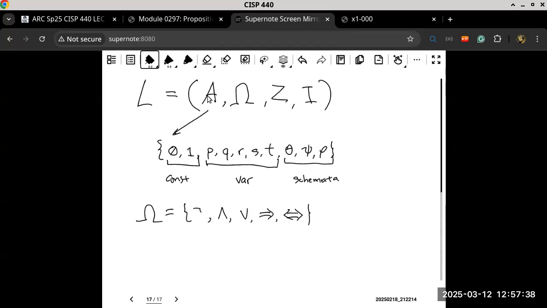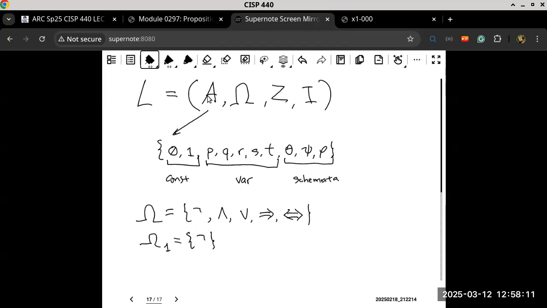They're just operators. So now between alpha and omega, I can define what we call well-formed formulae. But before we go there, we have to look at a subset of omega. There's omega 1, a subset of omega that only consists of operators that require a single operand. In this case, negation is the only one that requires one operand.